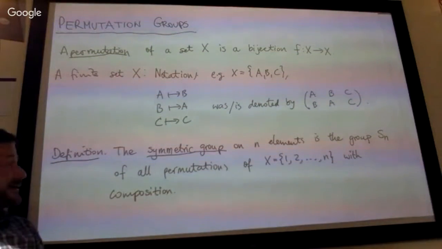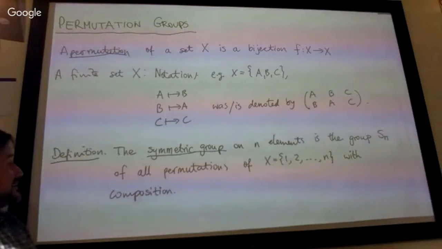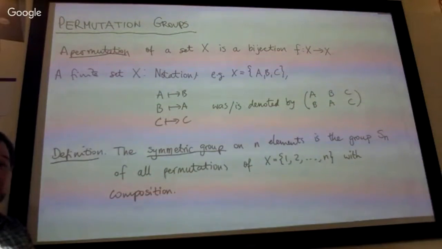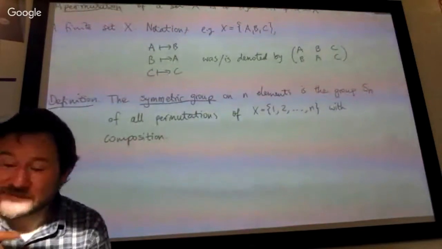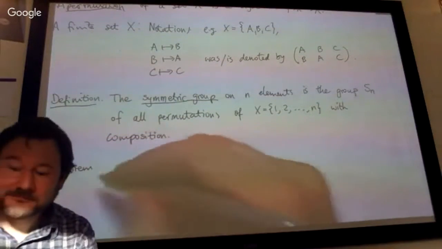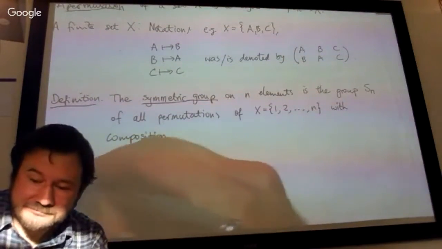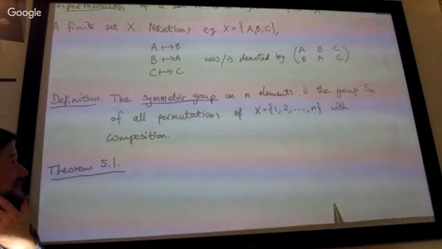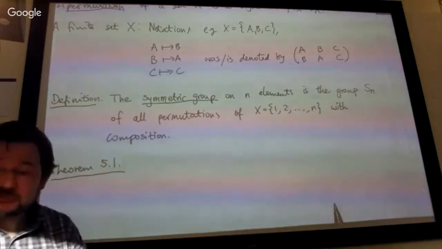So I should promise that it's going to be a group. So I should prove that it's a group, so that's theorem 5.1. Okay, it's a bit, just patience.